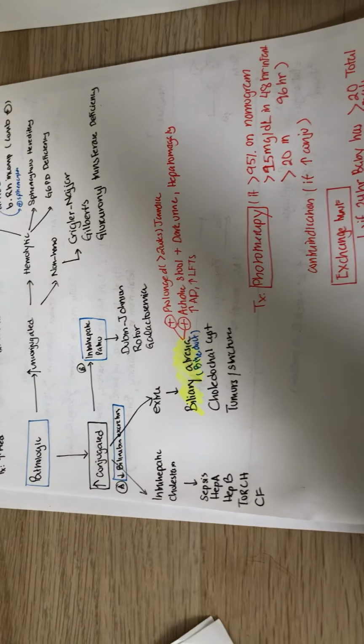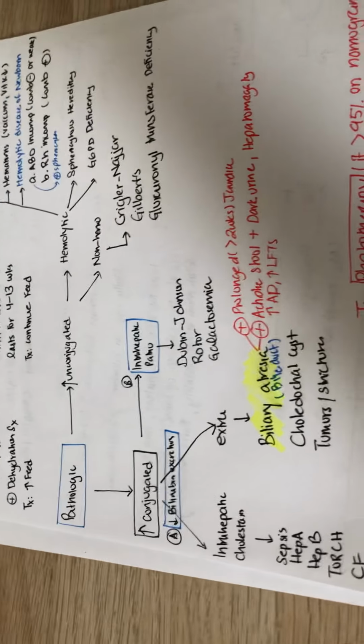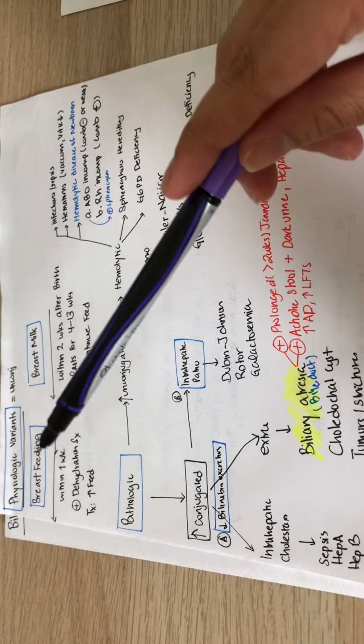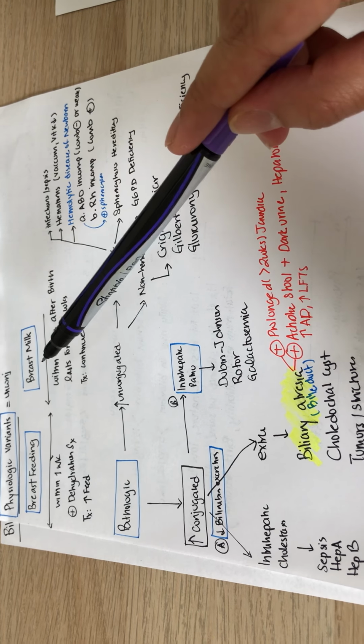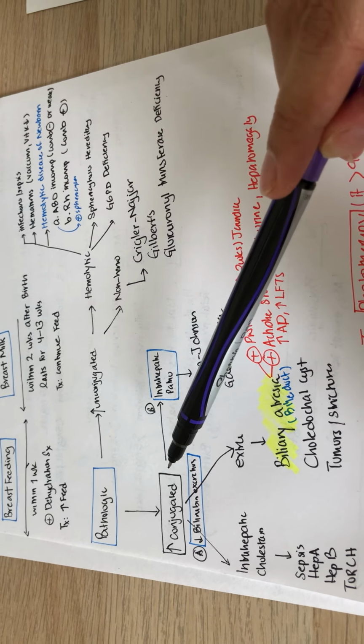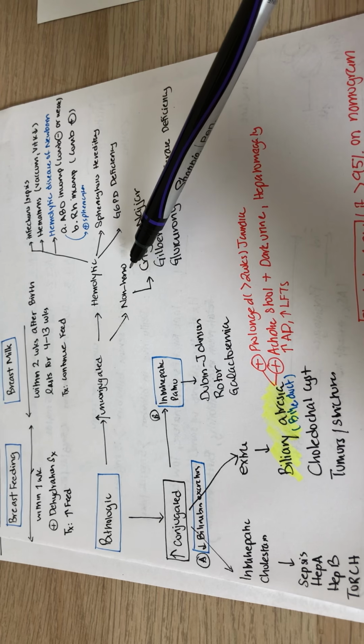This is a chart for the different causes. Physiologic is breastfeeding or breast milk. Pathologic is either unconjugated or conjugated. For unconjugated, the cause is hemolytic or non-hemolytic.